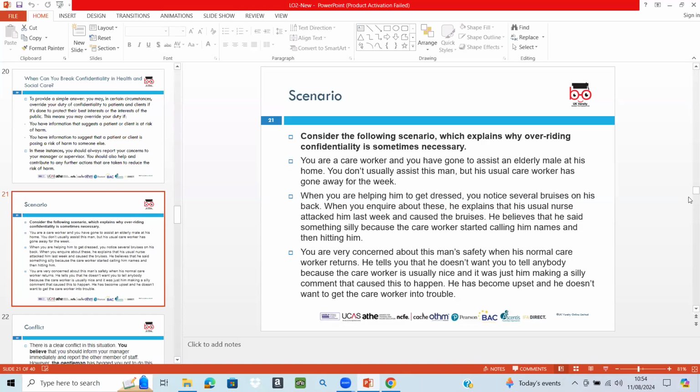He confides in you that his usual care worker hit him last week, but he asks you not to tell anyone because he does not want to cause trouble. So there is a conflict. You are faced with a dilemma: on one hand, the service user has asked you to keep this information confidential, and on the other hand, you have a duty to protect him from further harm. This situation requires careful consideration of both the service user's wishes and their safety.